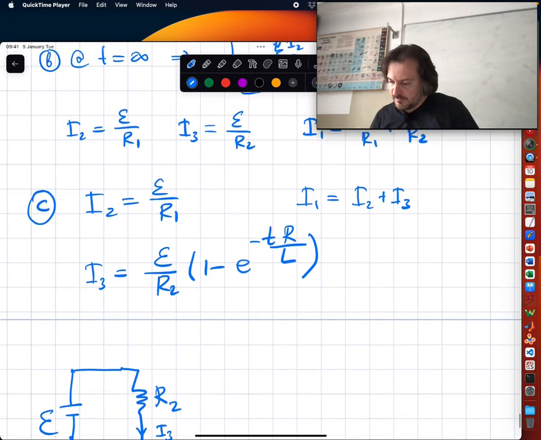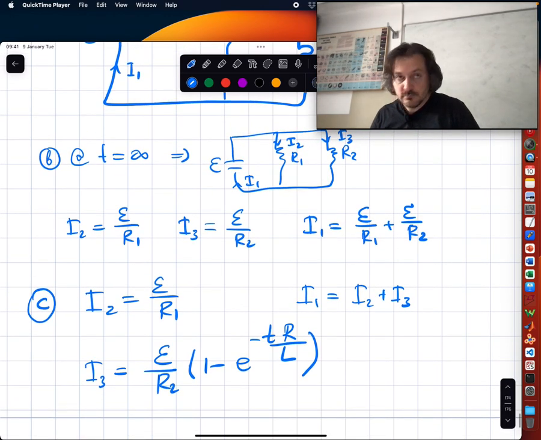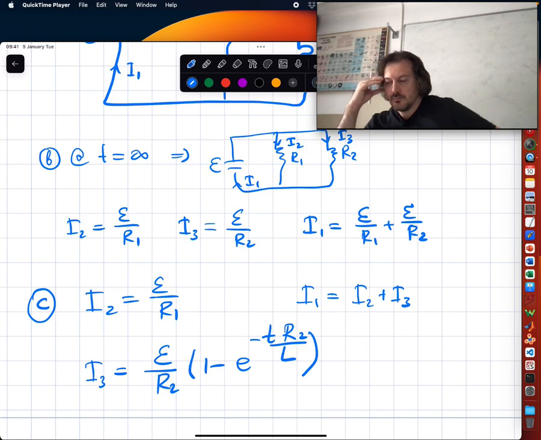Say it again, please. Okay, very good question. It's R2, because we assume that that's only the... Yes. We sort of decouple R1 in this particular question.